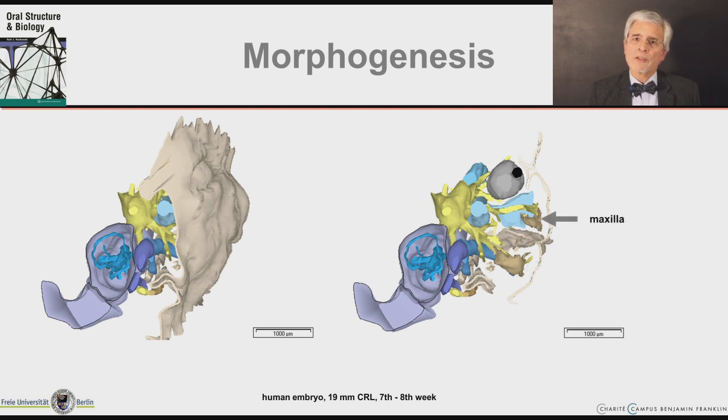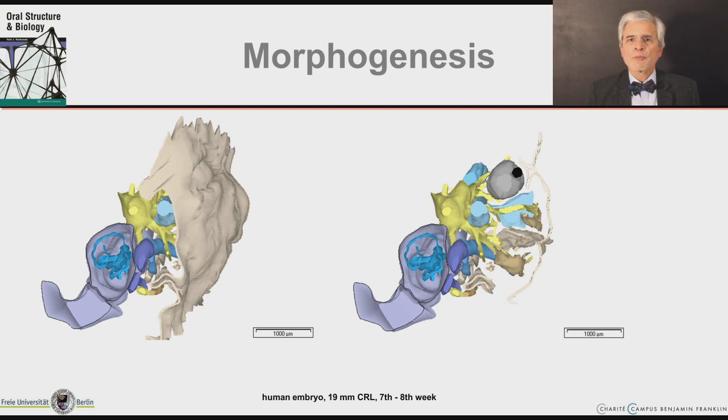The maxilla is also already visible next to the nasal capsule. And the different size ratios at that time are also interesting. The semicircular canals in the petrous bone are still as extended as the trigeminal ganglion or the eyeball. And of course, this is different in childhood and even more different in adulthood.